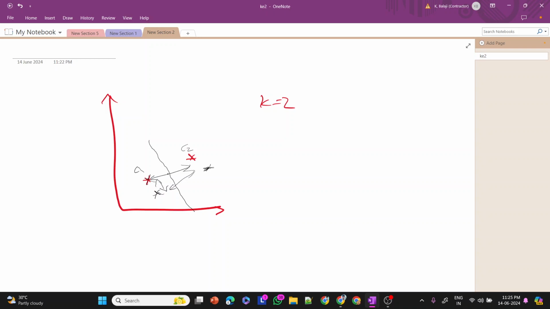Whenever the data belongs to the left side of this line, it will consider that point as belonging to this cluster, to this centroid. After putting all the input points into one of the clusters, depending upon the data, it will create the clusters.